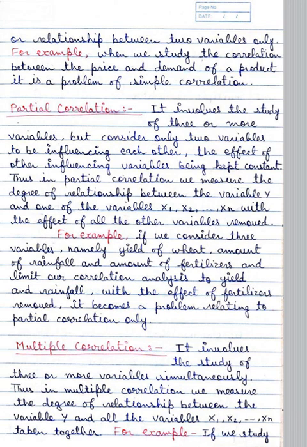Now come to multiple correlation. Multiple correlation involves the study of three or more variables simultaneously. Thus, in multiple correlation, we measure the degree of relationship between variable y and all the variables x1, x2, ..., xn taken together. Again, we can understand it by taking an example.